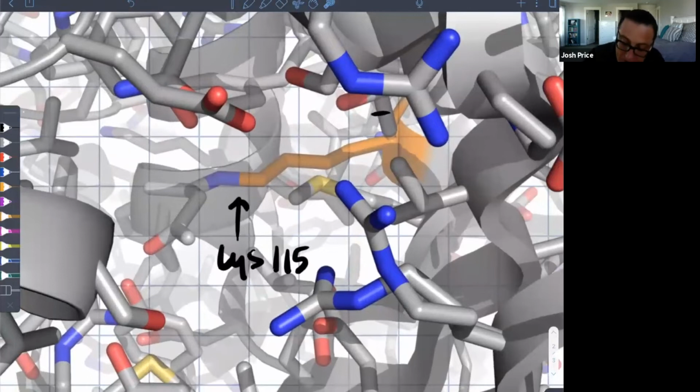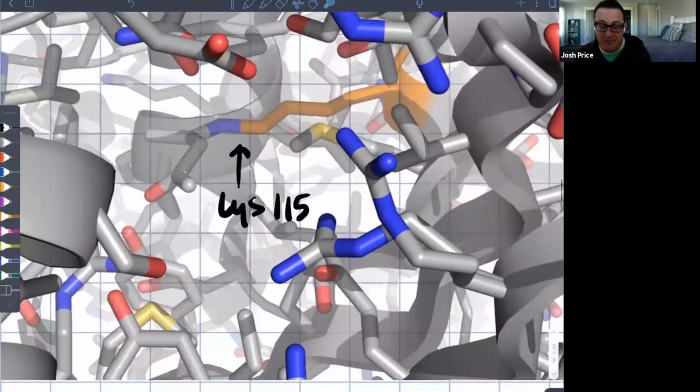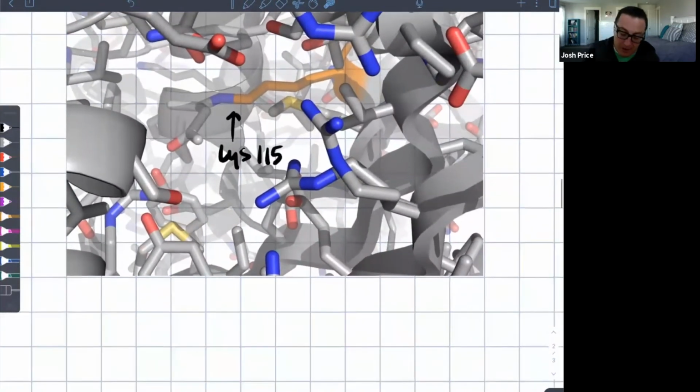But remember what you know about imines. They are formed when amines act as nucleophiles to attack the carbonyl carbon. And for that, you'd want the amine to be in its neutral form, but you've got a problem because the lysine side chain typically at physiological pH exists in its positively charged ammonium form, and that has a pKa of around, I forget, 10 or 11.